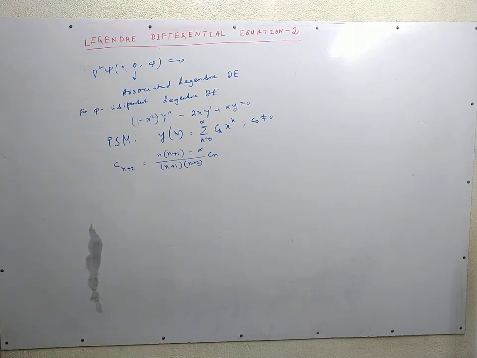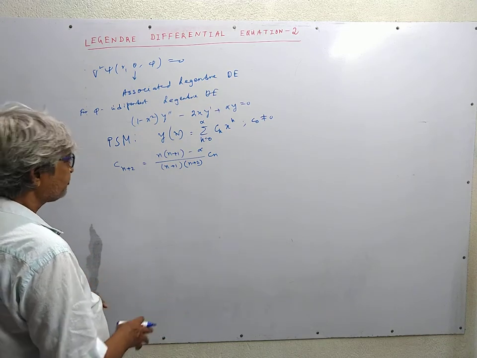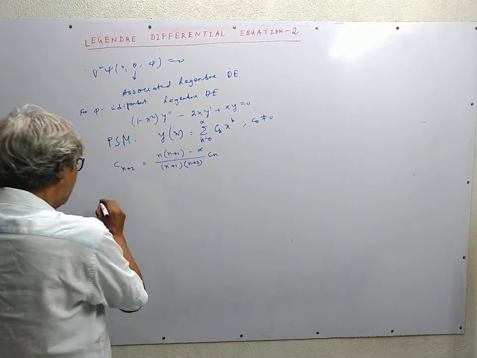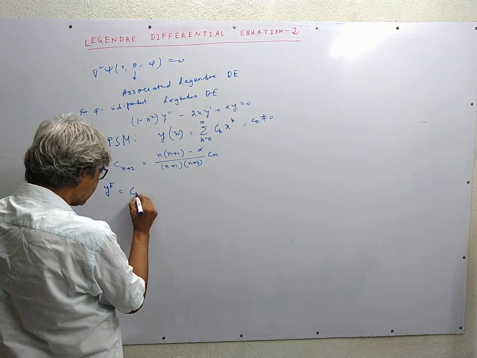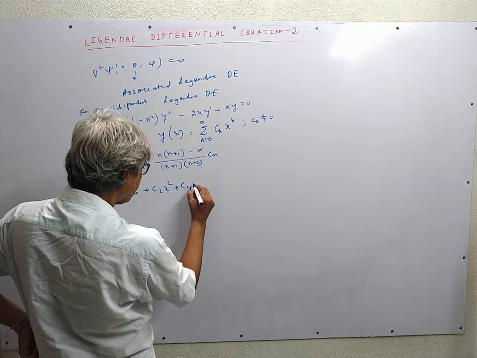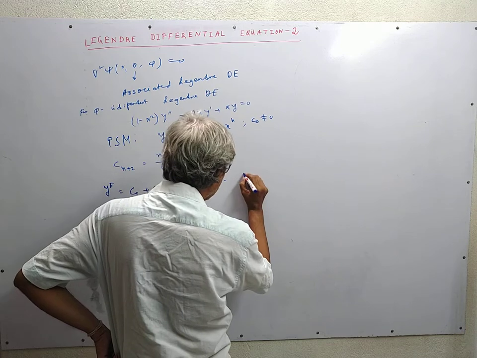So for general values of alpha, the solutions are infinite series solutions. One series starts with C0 and comprises C0, C2 x square, C4 x to the power 4, which we designated as the even series.